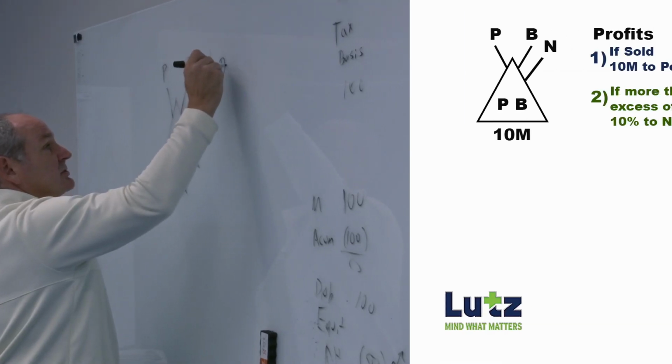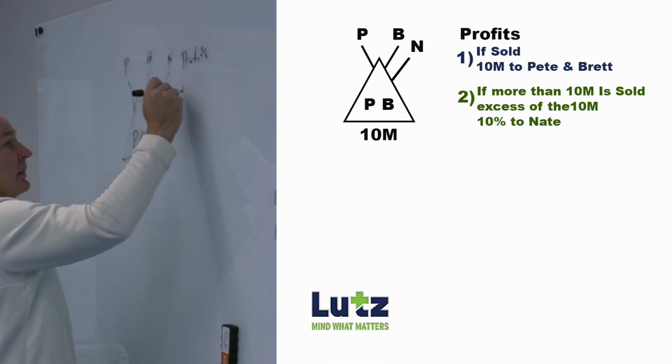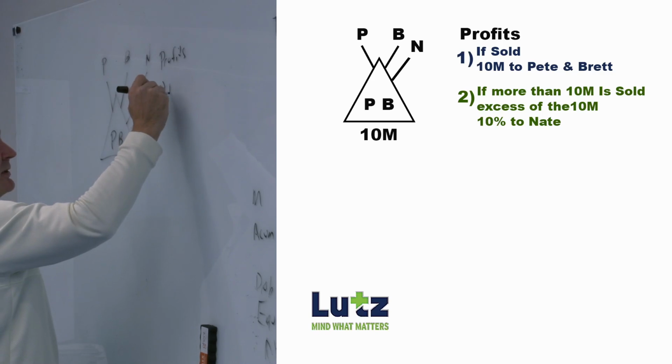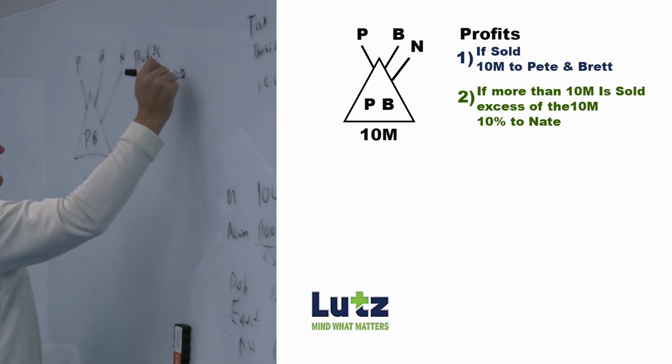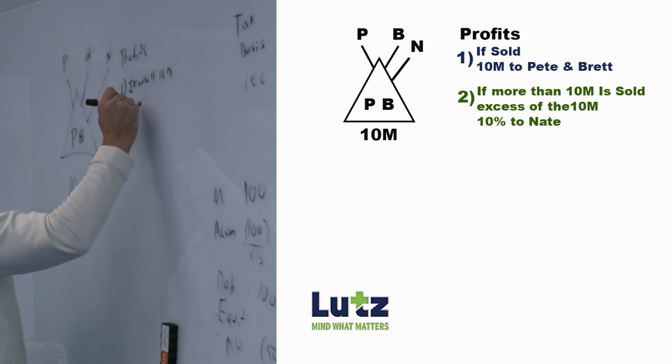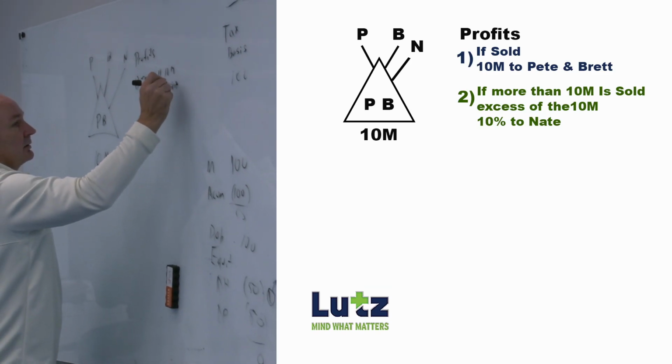So what we do is we allow Nate to have a profits interest, where we say, okay, Nate, we're going to allow you to have a profits interest that says the following. One, if we sell for $10 million or less, it goes to Pete and Brett.